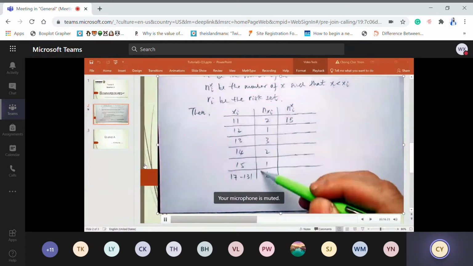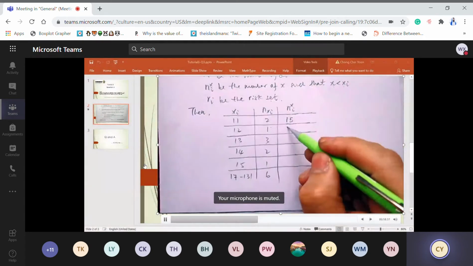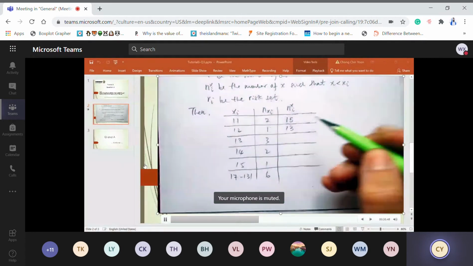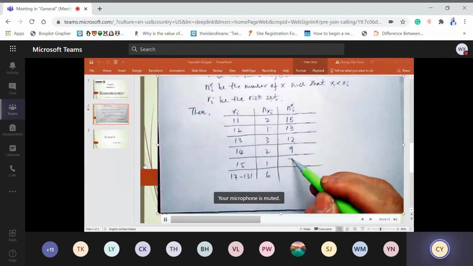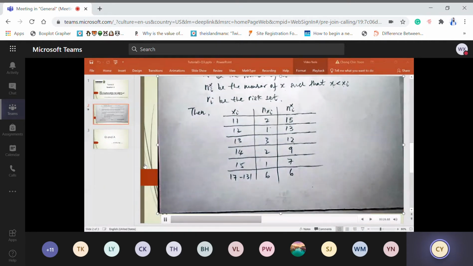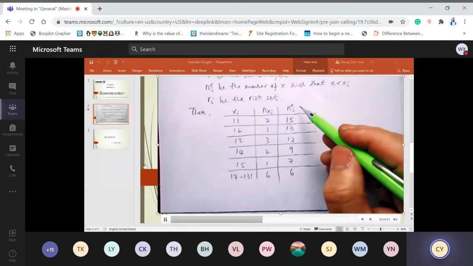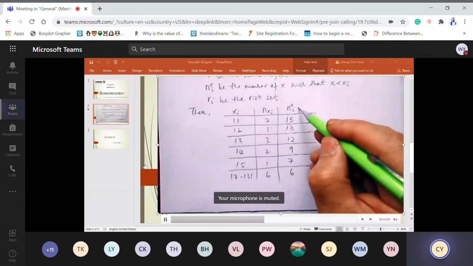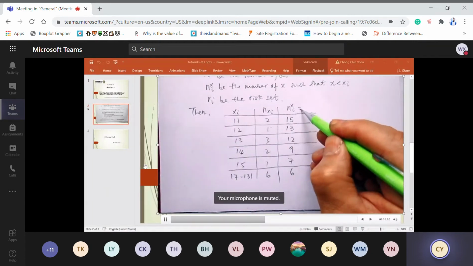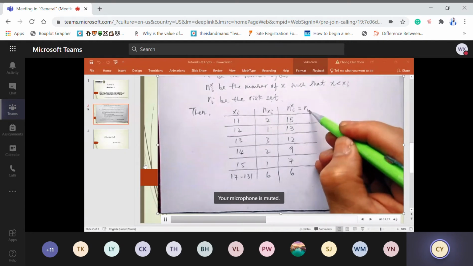That is, we have 13. And so on, we will have 12, 9, 7, 6. Since the question is without any deductible and also censored values, this frequency is equal to the risk set value.